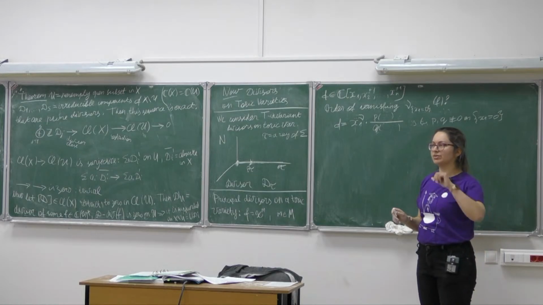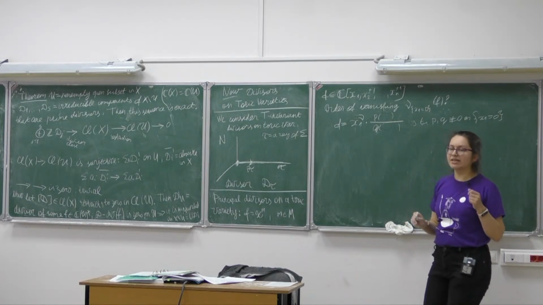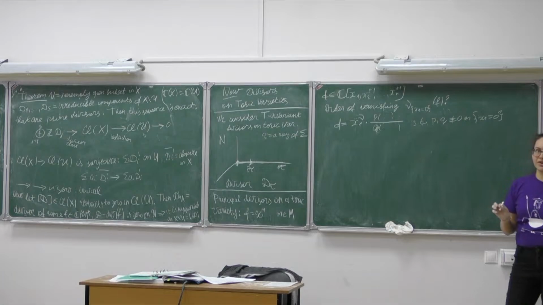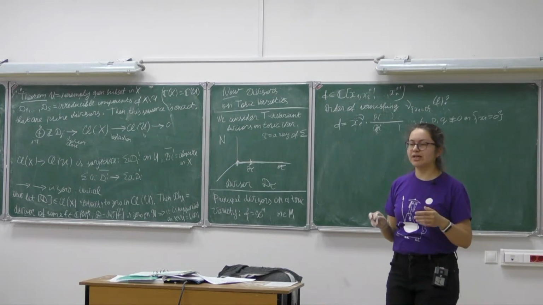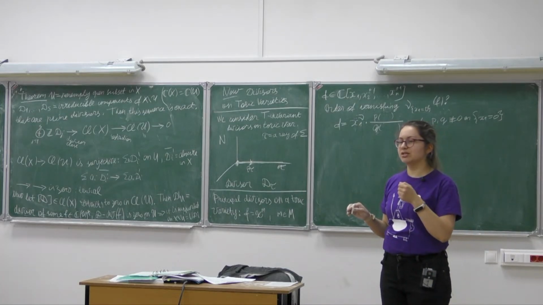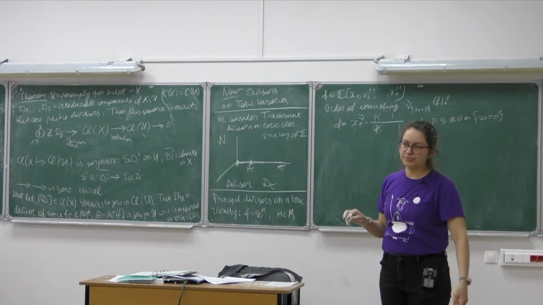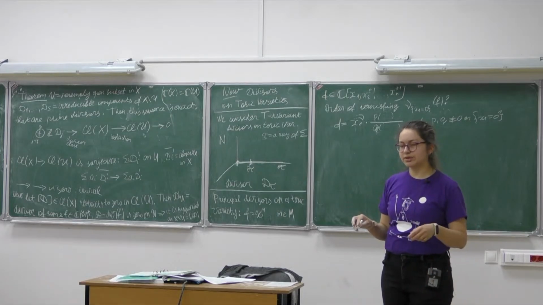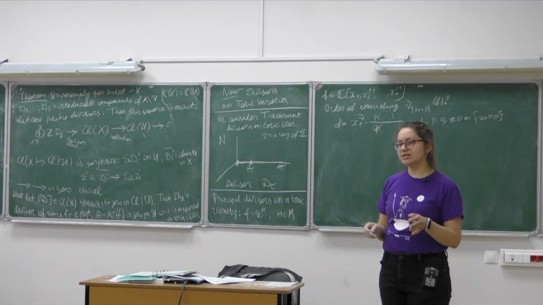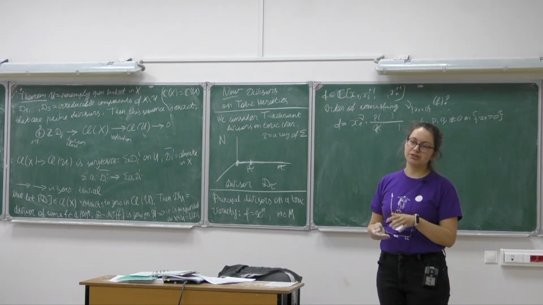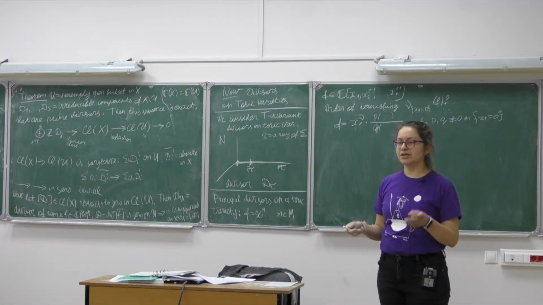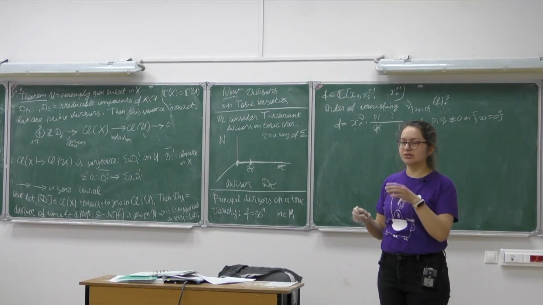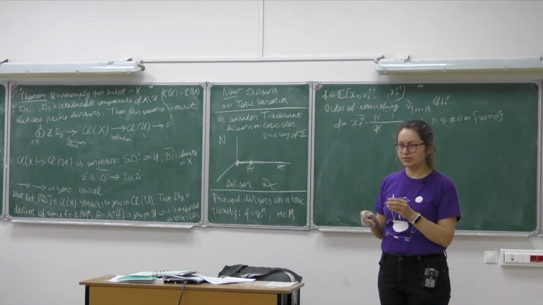I didn't define the order of vanishing. I said that in general, if you have a function on an algebraic variety, and if you have a divisor, how do we define the order of vanishing of the function along a divisor? If you know commutative algebra, there is a prime ideal corresponding to our divisor, and then there is a ring and its localization along this ideal.